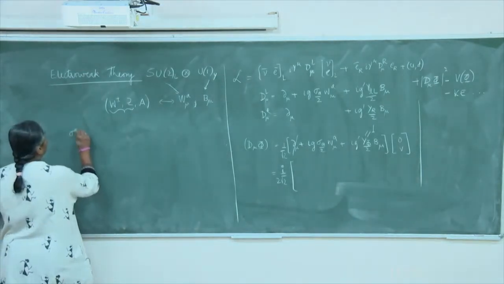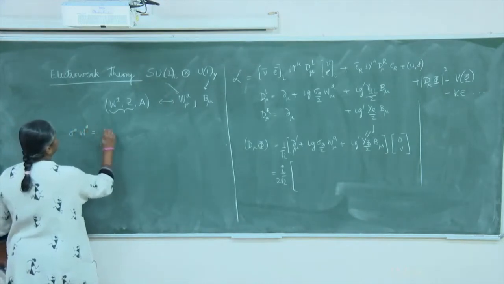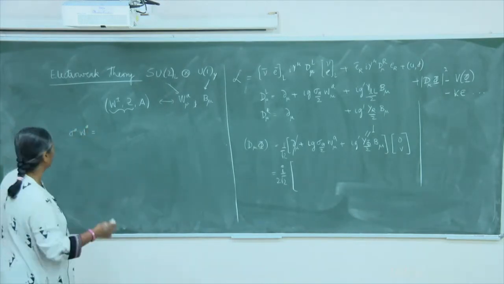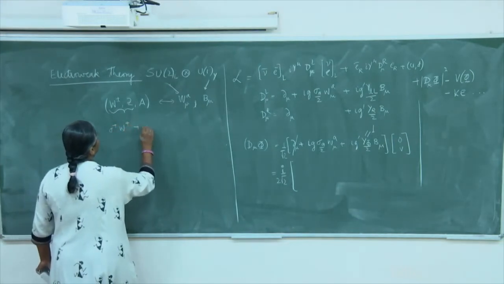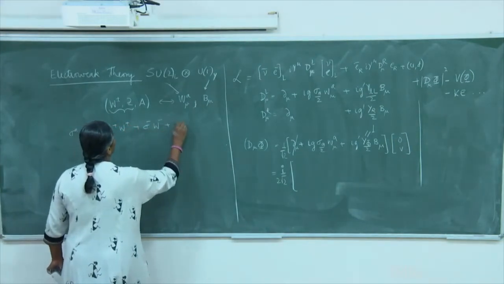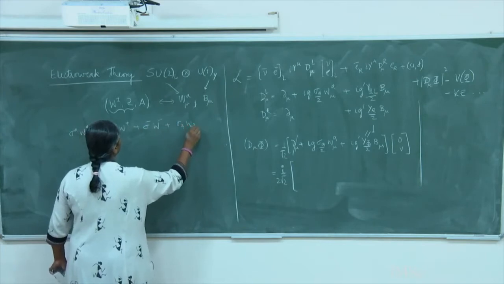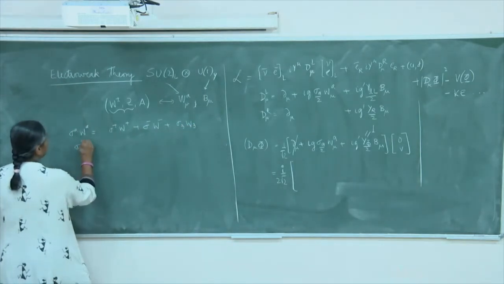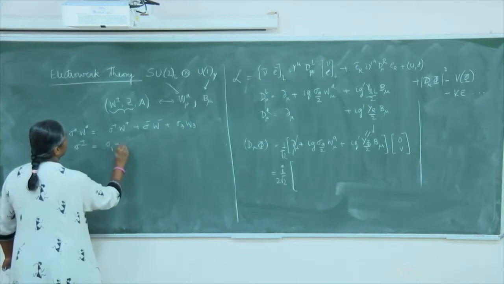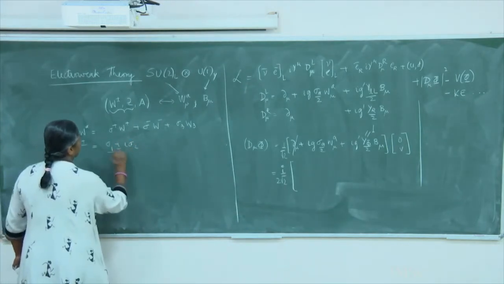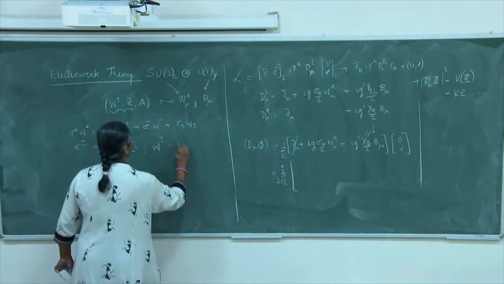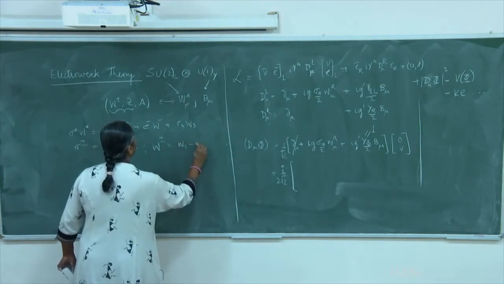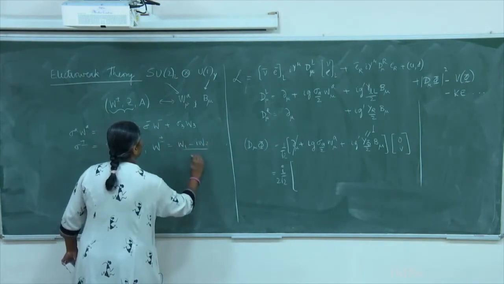So sigma A W A is sigma 1 W1 plus sigma 2 W2 plus sigma 3 W3, which can be written like this. I will explain what each one is. So sigma 3 W3 are the same. Sigma plus minus are sigma 1 plus minus i sigma 2 by root 2, and W plus minus are W1 minus i W2 by root 2.